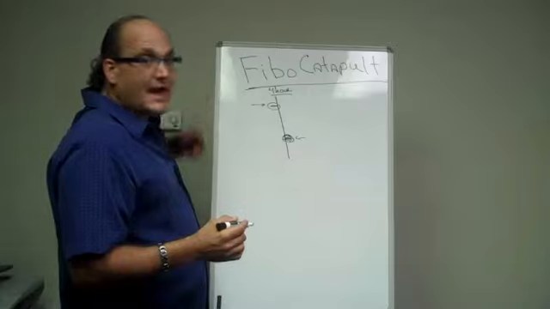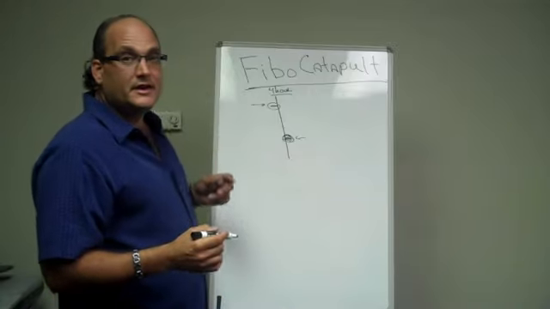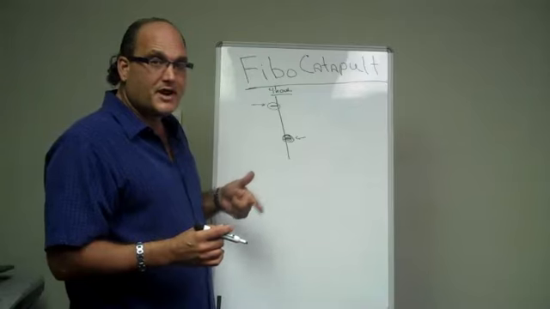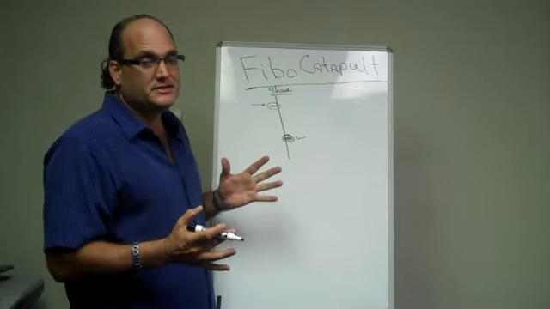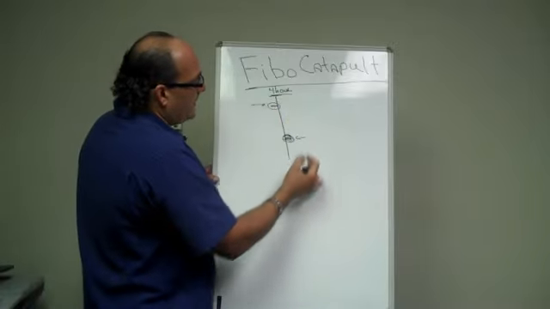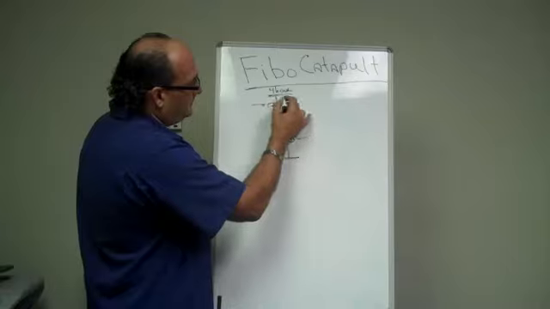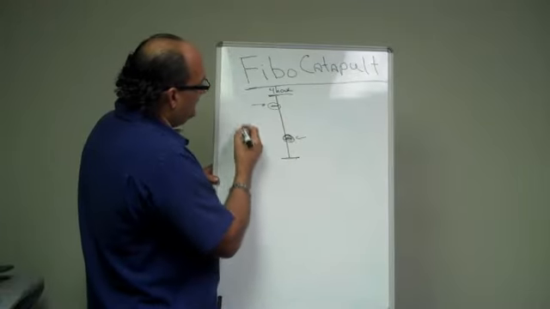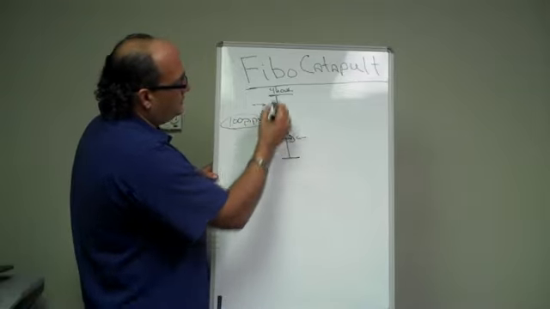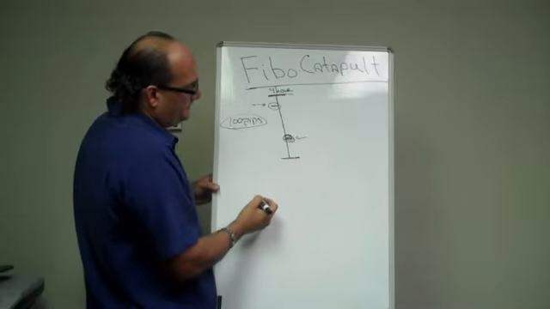For the Fibonacci Catapult, we're going to calculate upper and lower price pivot points, but they're really just based on Fibonacci ratios. So you're going to want to take the high and the low of this bar, and let's just say we got 100 pips from the top to the bottom, just to make things easy.